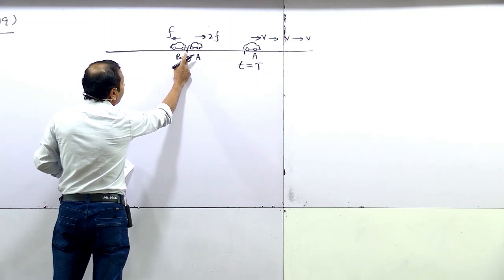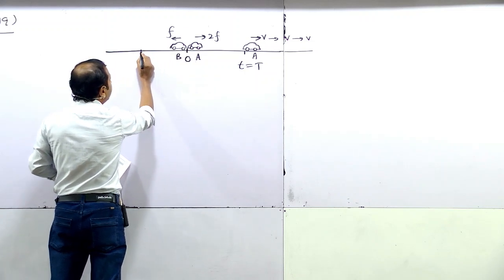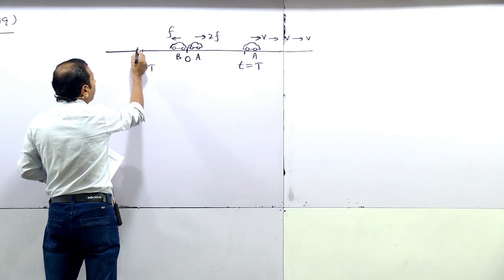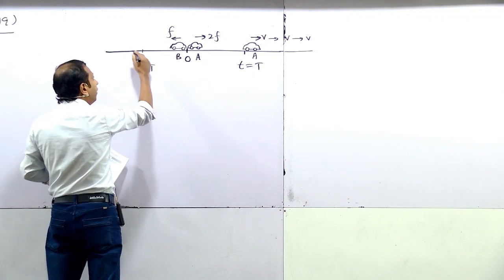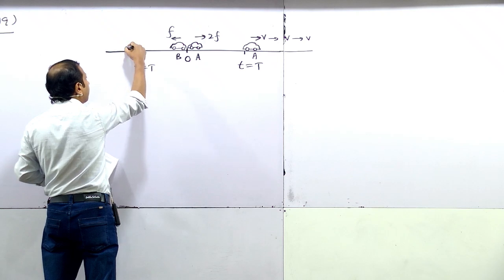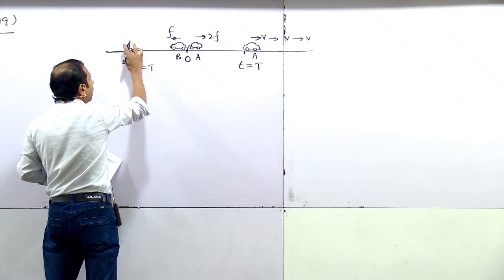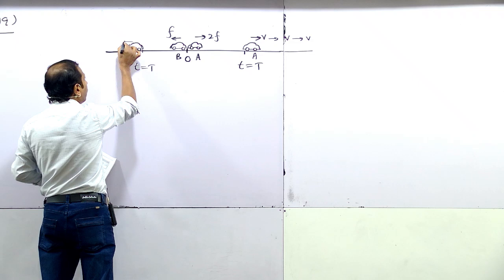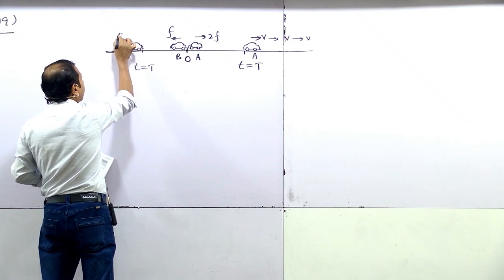Now at the time t, the car B is somewhere here. Suppose at time t equals t, car B is somewhere here because that is also moving with acceleration to the left, this way. But it is still moving to the left-hand side with acceleration f.